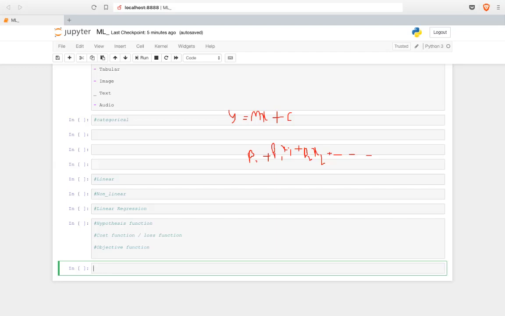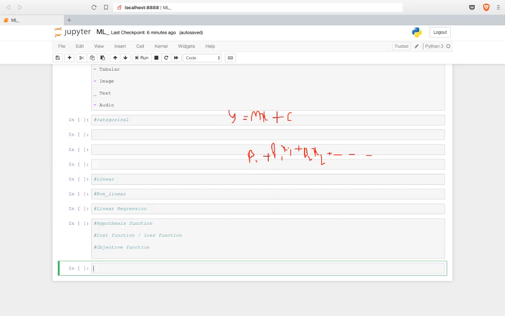Generally, you compare your model's predicted output with the actual output and understand the difference. You need a metric to measure that. The cost function is that.